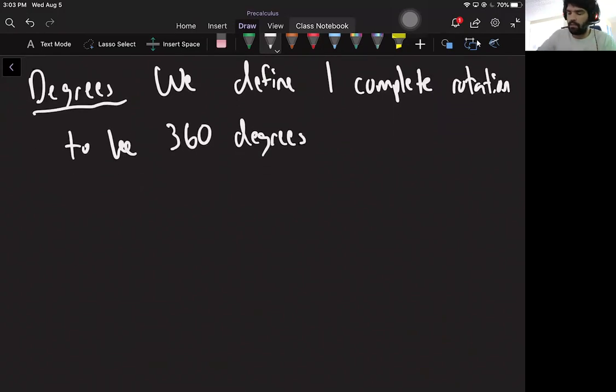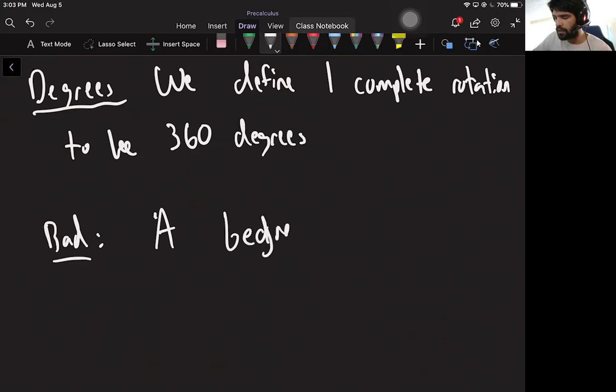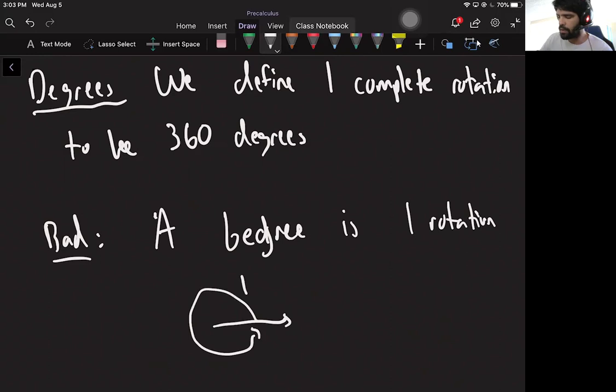Whereas what would have been bad is I'm going to invent a unit and I'm going to say, I'll use the letter B, a B-degree instead of a degree because it's bad. A B-degree is one rotation. So then you're saying, okay, if I rotate all the way around, that's one.